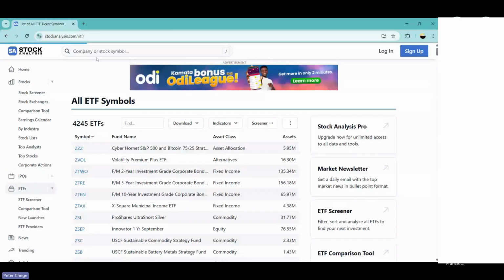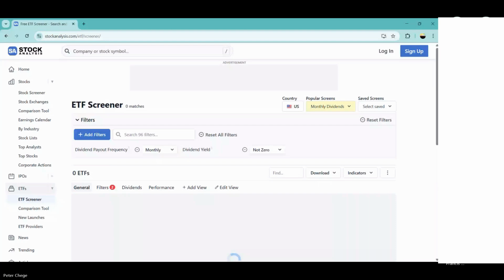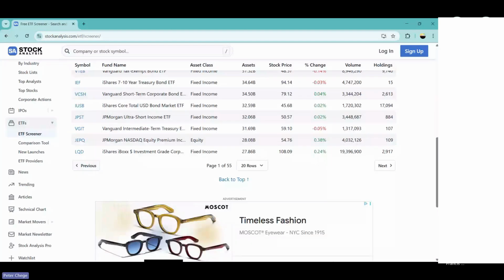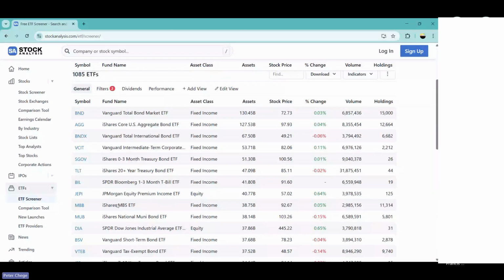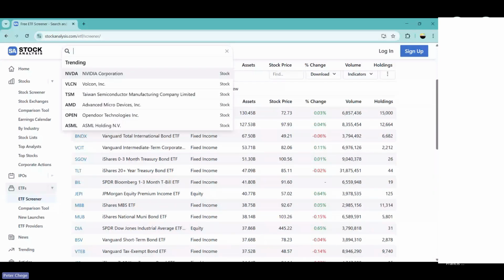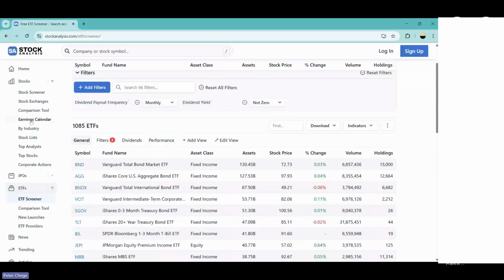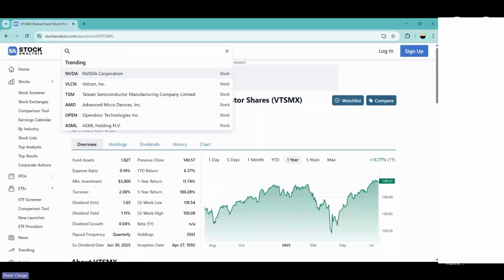So here you can see all the ETFs. There are many. For me, I'm interested in the dividend one. And as you can see, we have around 1,085 ETFs. It's not this one. Let me paste.